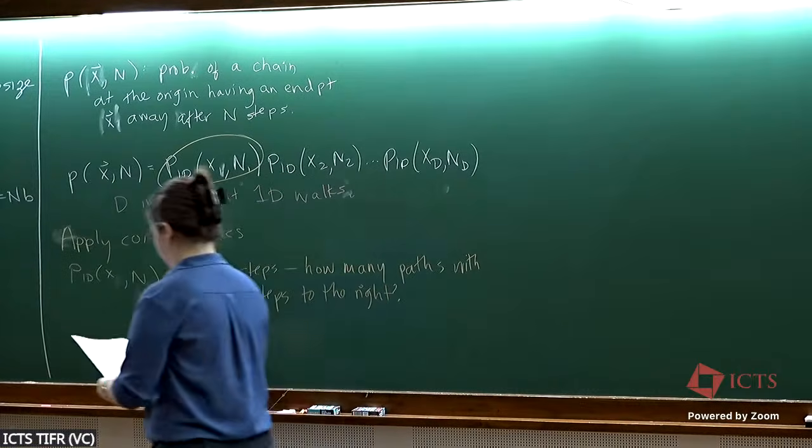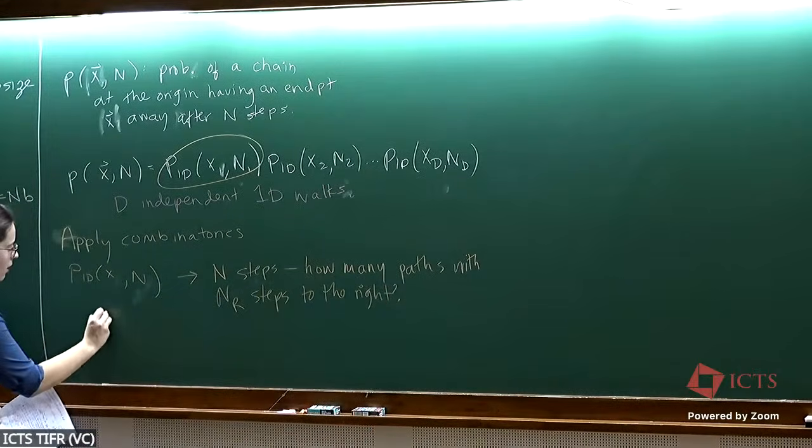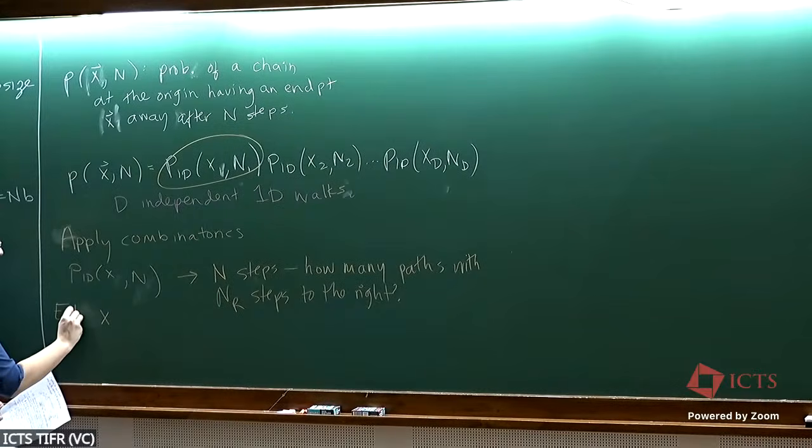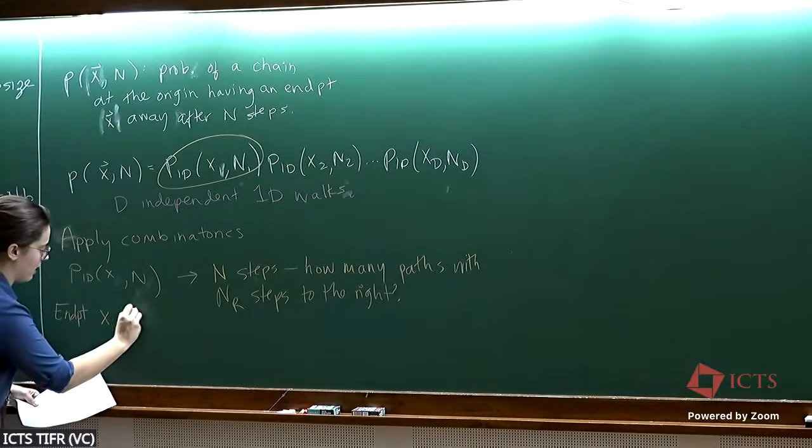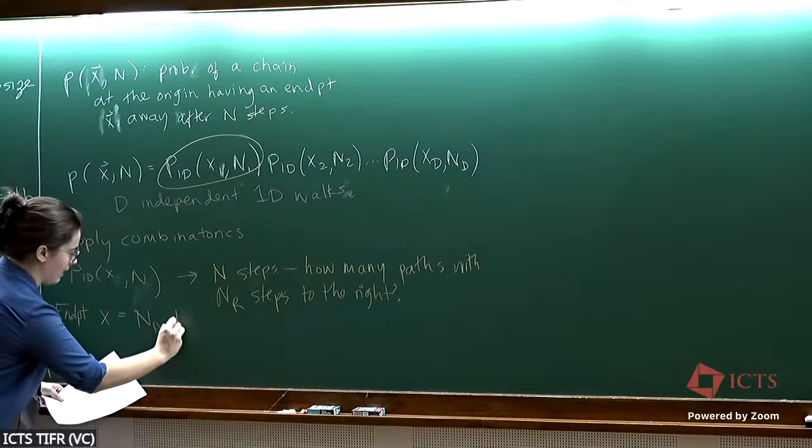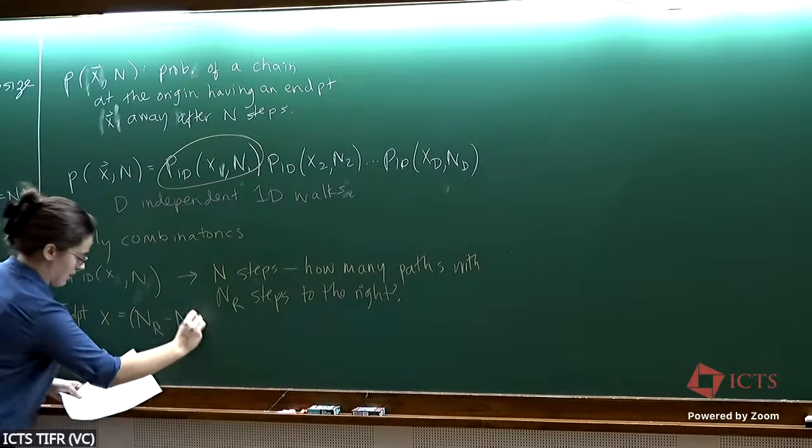And these are really the same variables because our endpoint x can be expressed as the number of steps to the right minus the number of steps to the left, times b.